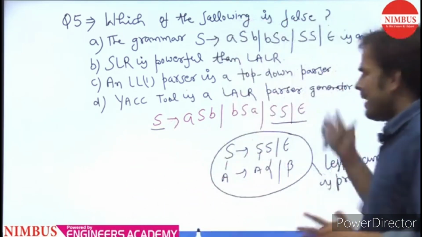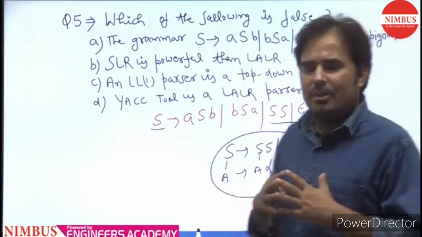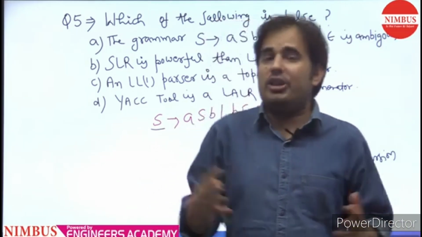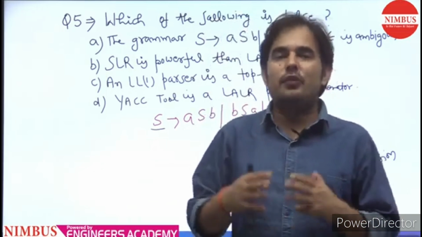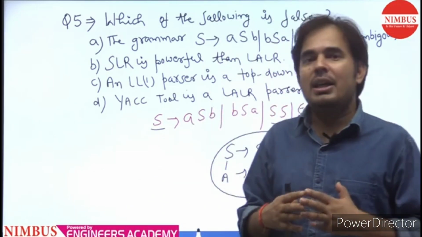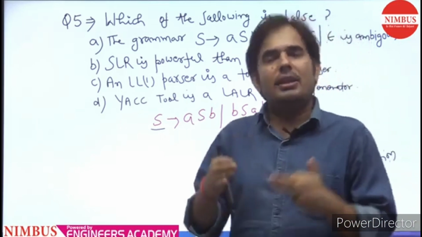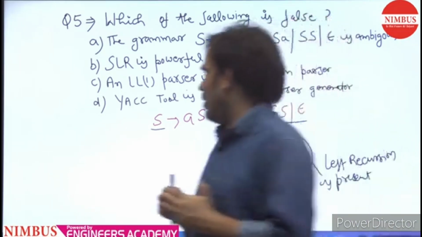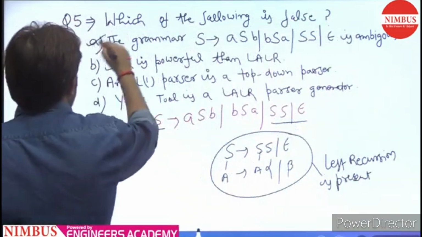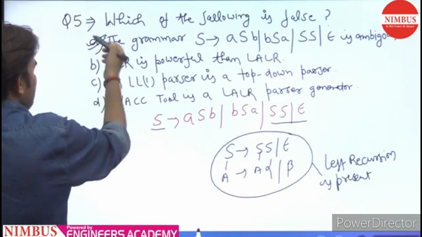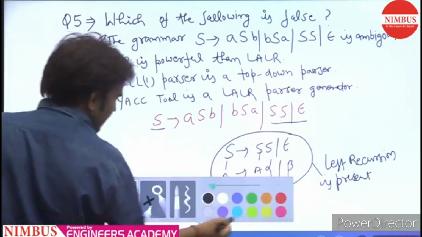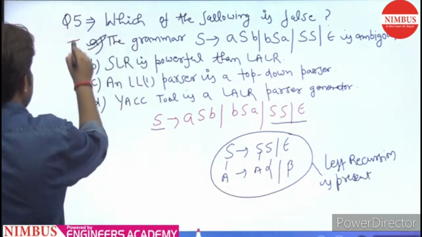If you are getting only one parse tree for a string, then it's unambiguous. So yes, this is ambiguous. This is a true statement.